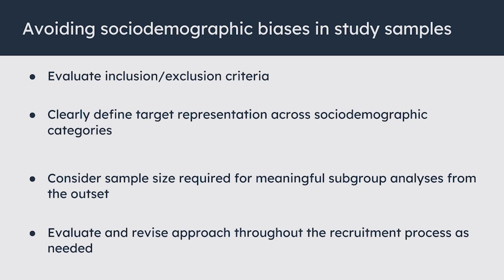It's also important to consider the sample sizes from the outset for subgroup analyses, because if you only end up with 2 individuals out of hundreds who fit into this particular subgroup, it's going to be really difficult to run meaningful analyses with that. It's also important to continually monitor and update your approach as you go.